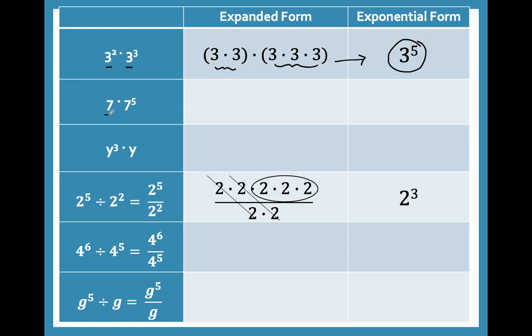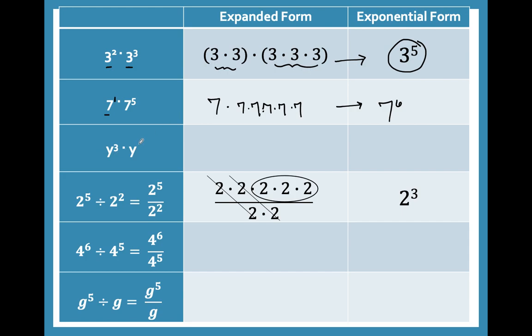So this is 7 times 7 to the fifth power. Remember, 7 with no exponent has a power of 1. So 7 to the first power is just 7. And then times 7 to the fifth is 7 times 7 times 7 times 7 times 7, which, if I write that in exponential form, would be 7 to the sixth power.